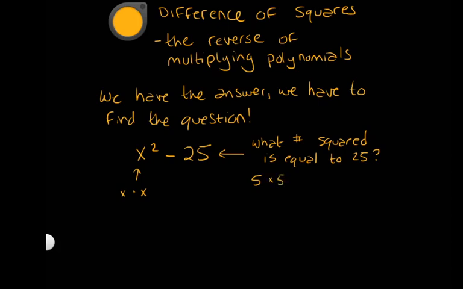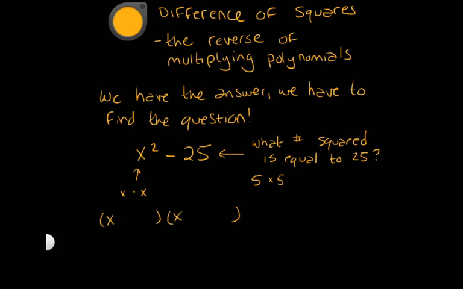5 squared is 25. So what we're doing here is we are kind of expanding this question out into 2 binomials. So I can write brackets. So x times x, I've got x's in both brackets.